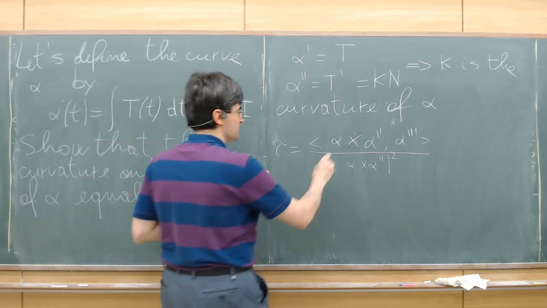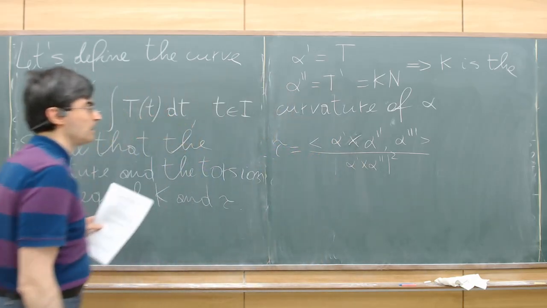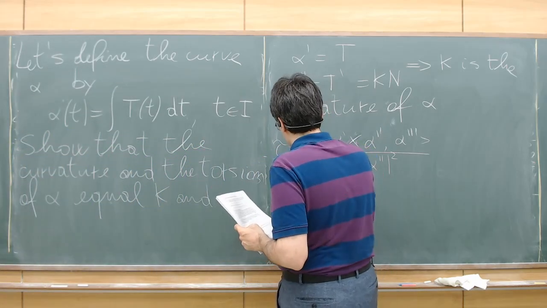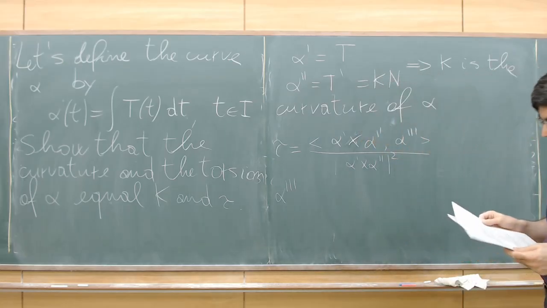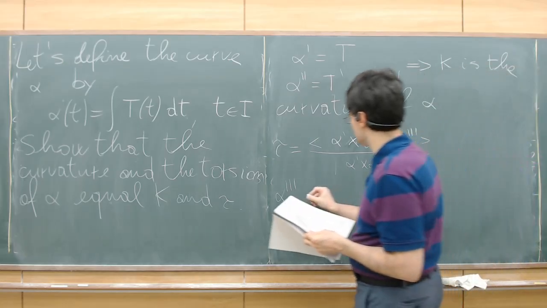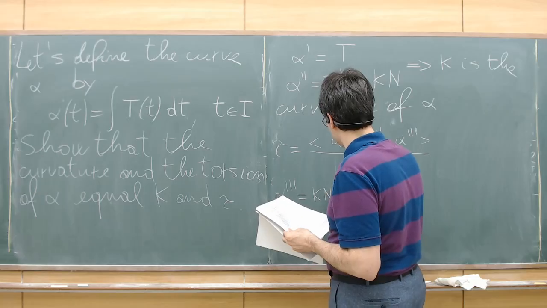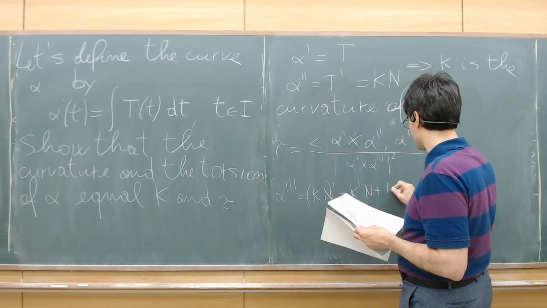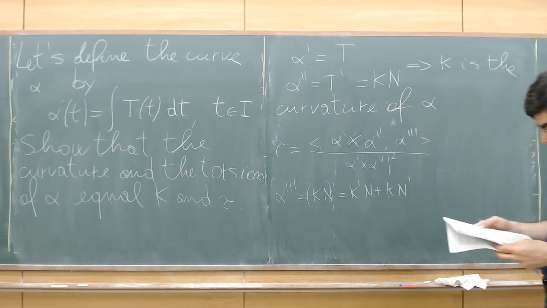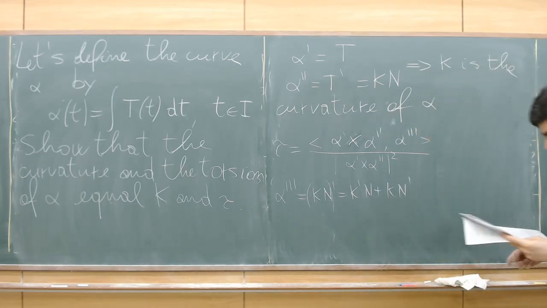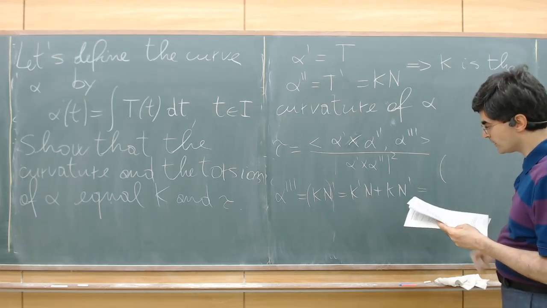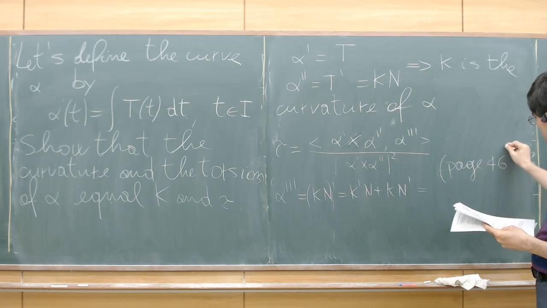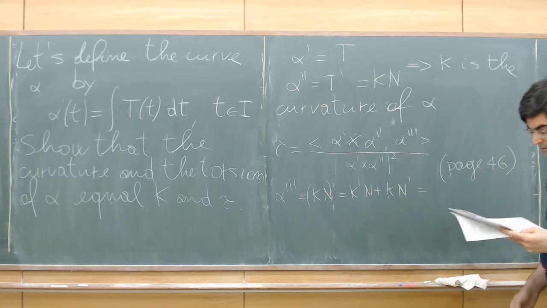Sorry, this is alpha prime. Okay, then we need alpha third. Alpha third is (kN) prime, that is k prime N plus k N prime. We made already this computation. If you look at page 46 of the textbook, you will find these details.